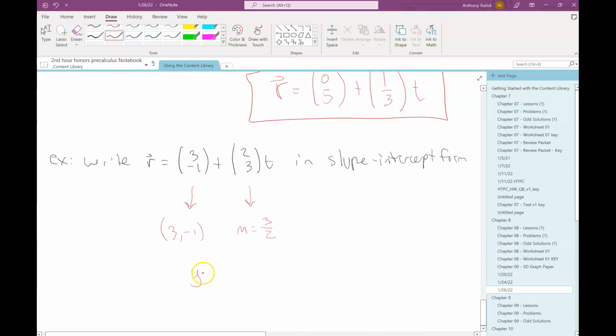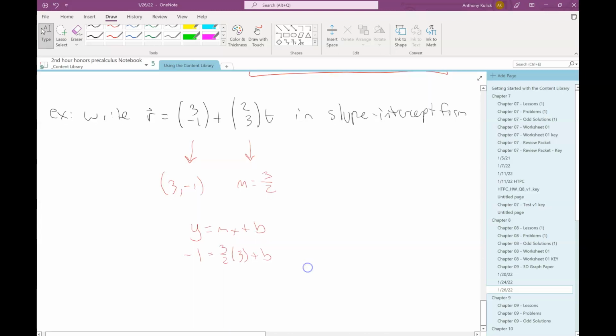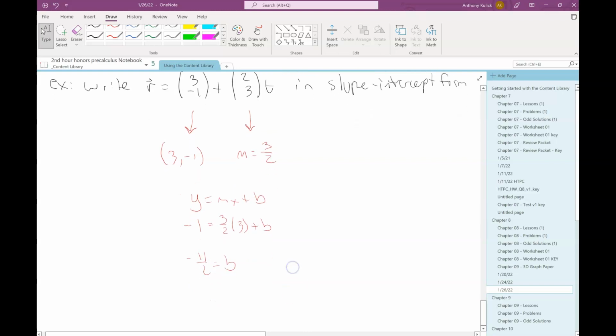So I can say y equals mx plus b. So I have -1 is equal to 3/2 times 3 plus b. So that's 9/2. I subtract 9/2 from both sides. I get -11/2 for b.